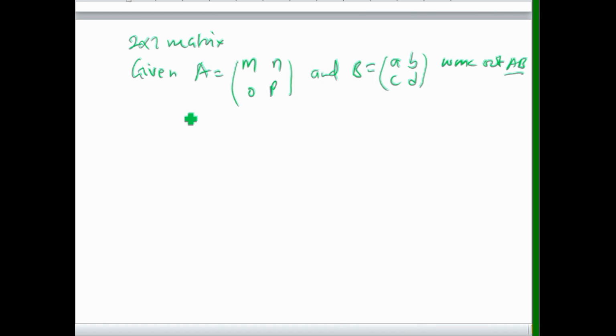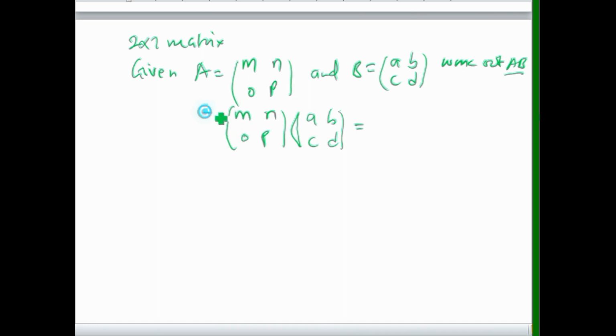Now, this is how we proceed. So you take A, that is M, N, O, P, and then multiply that by A, B, C, D. Now, this is how we proceed. We are going to multiply the elements. We look first of all at the first matrix.